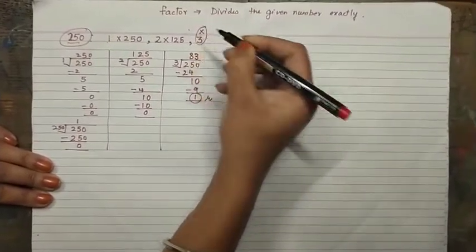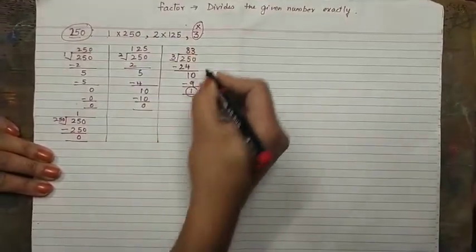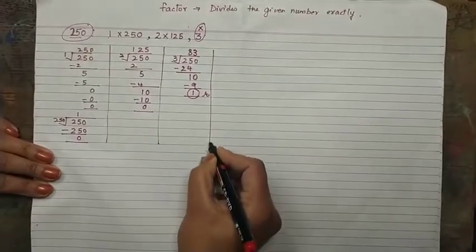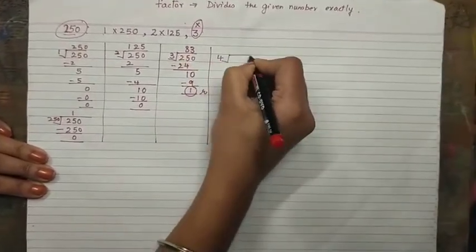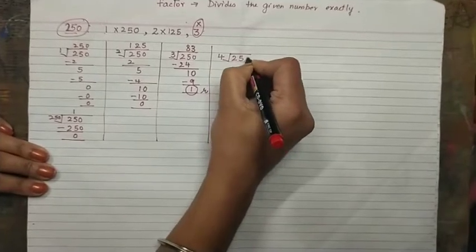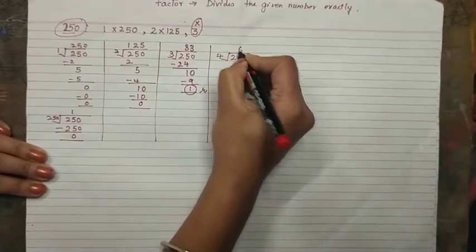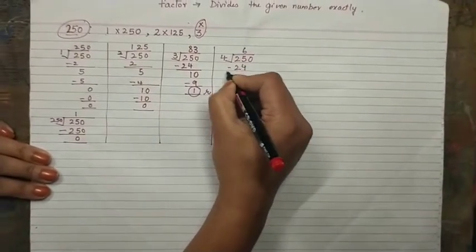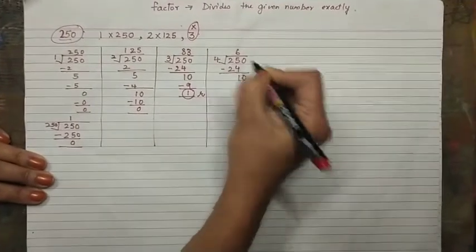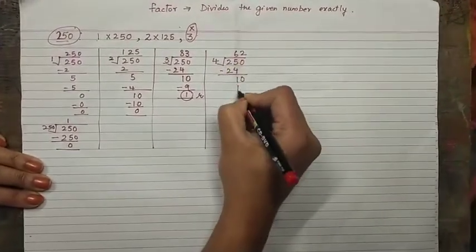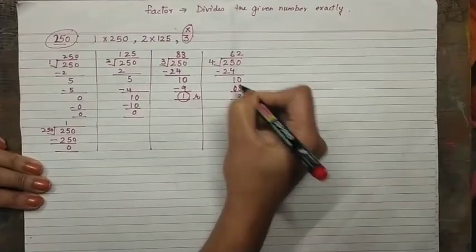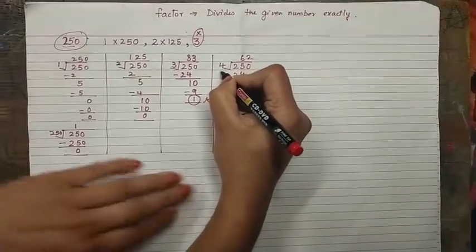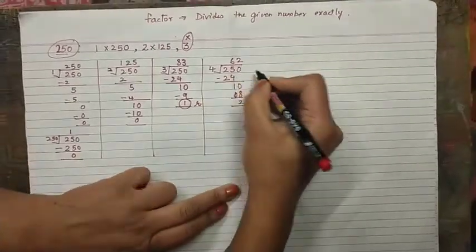So we'll not put it in the group of factors. Let us check with number 4. 250. 6 4s are 24. We are left with 10. 4 2s are 8. We are left with 2. So again 4 is also not a factor of 250.